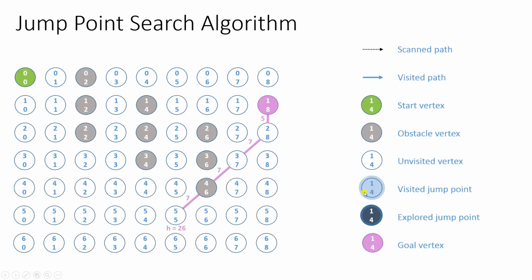I would just like to explain how to calculate the entire cost. So if we are looking at this vertex 5, 5, for instance, how far is it from the goal vertex?